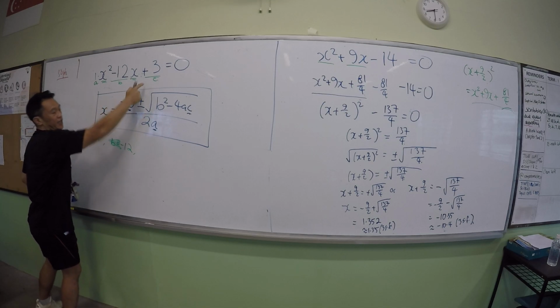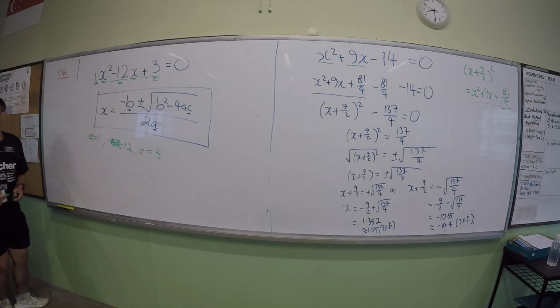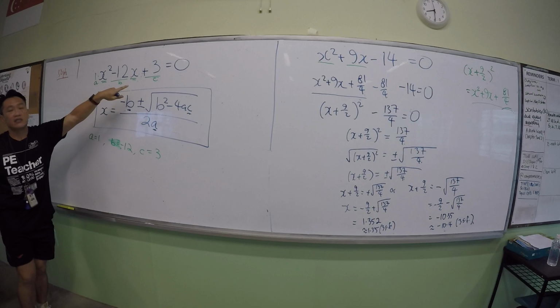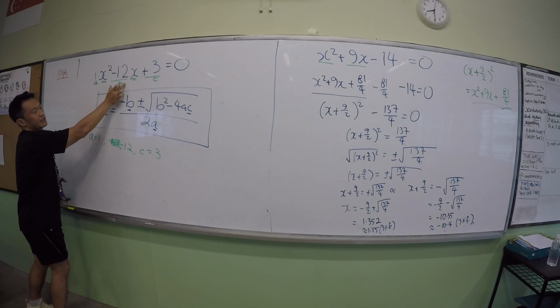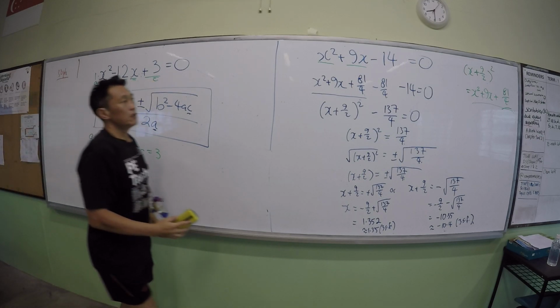And your C is positive 3. It only works when your quadratic equation is arranged x squared, x, followed by numbers. Then this number is A, this number is B, this number is C.